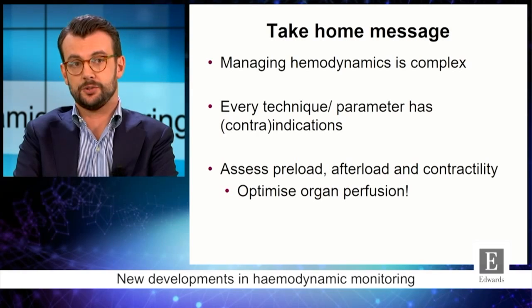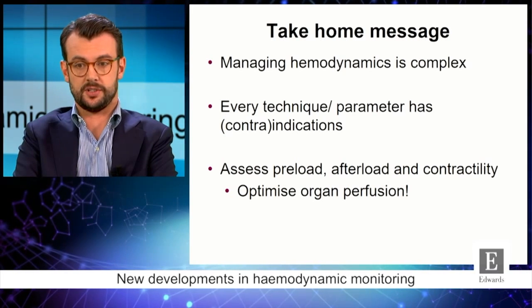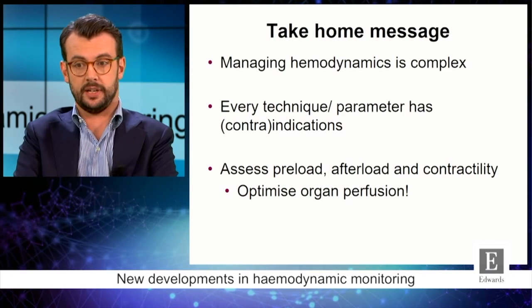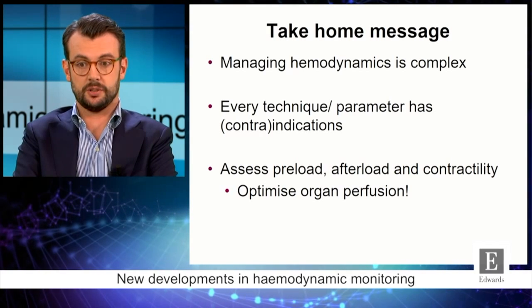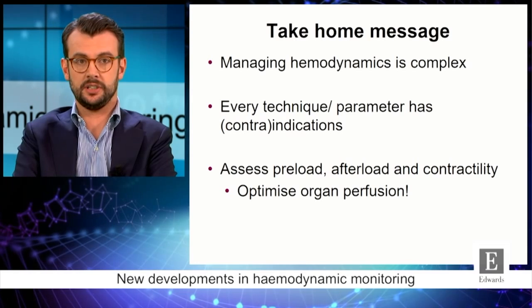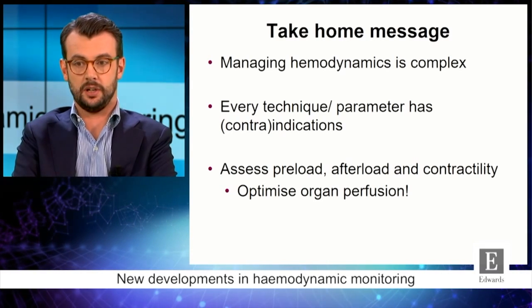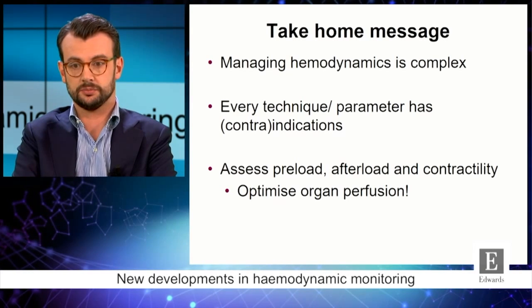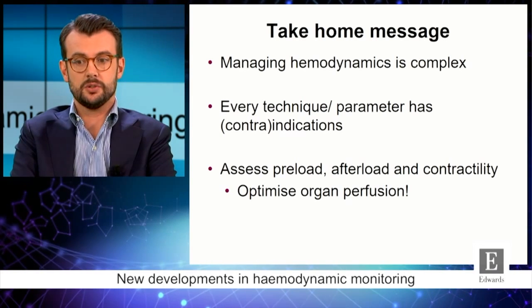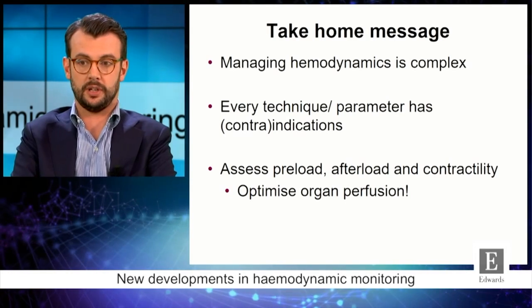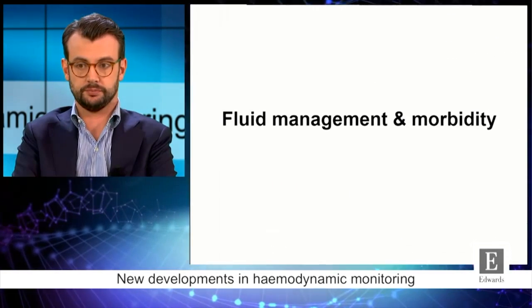It's basically that it is very complex to assess hemodynamics, and that every technique and every parameter for that matter is actually something that has contraindications and indications. That adds to the complexity of intervening and assessing. So assess preload, afterload, and contractility to ultimately optimize organ perfusion. I think that's the bottom line here.